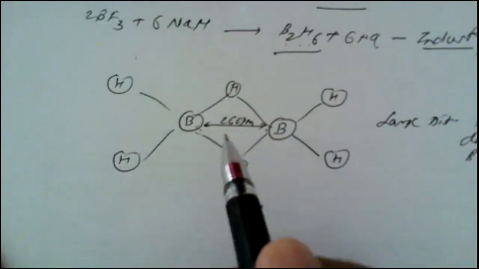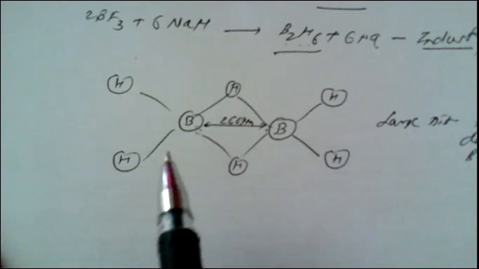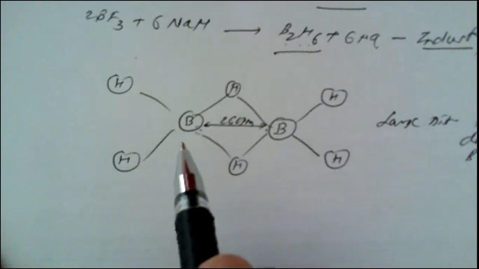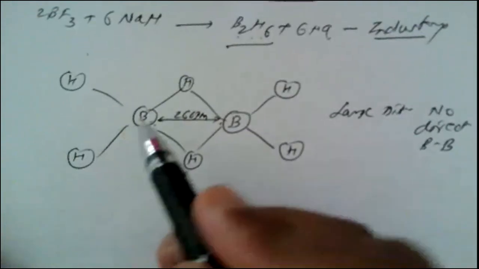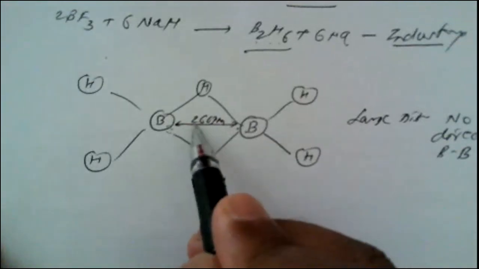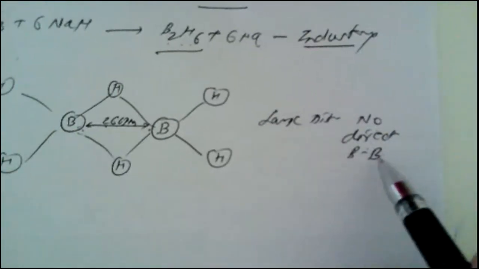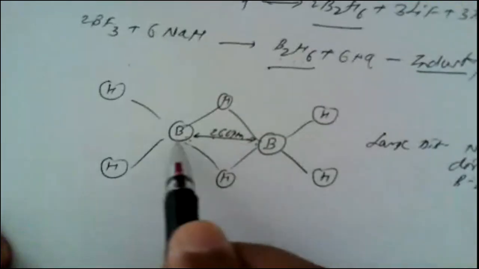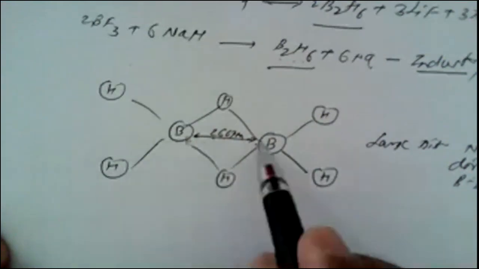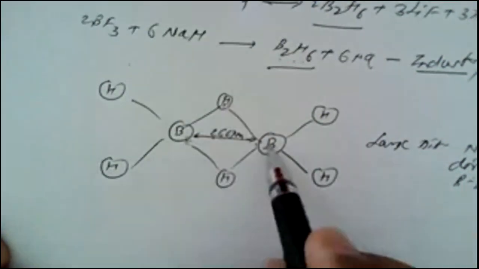You have to listen very carefully because this structure is very difficult to understand. So I am repeating once again that the large distance of 266 picometers indicates there is no direct linking between two boron atoms. So no bonding is there, but the two boron atoms are joined through hydrogen bridges.